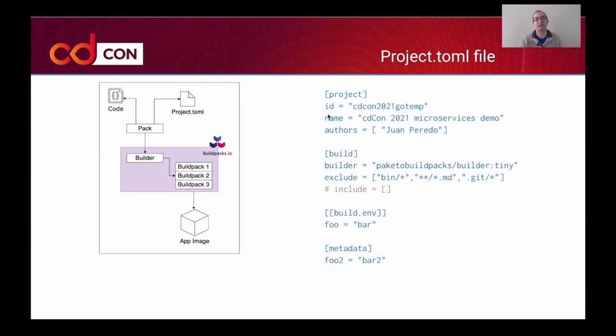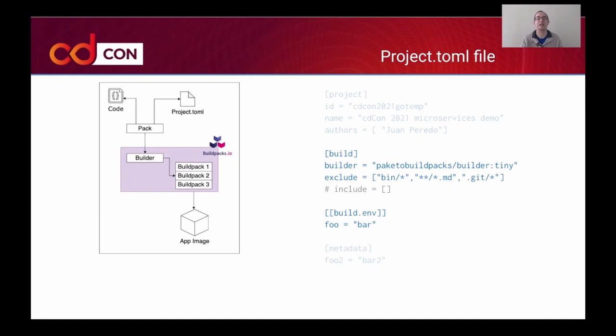And in this case, if we look at the sample toml file on the right, you can see we have some metadata on the top. Then we have some build commands. So we're indicating which builder is our default builder, so we don't have to specify it on every command.